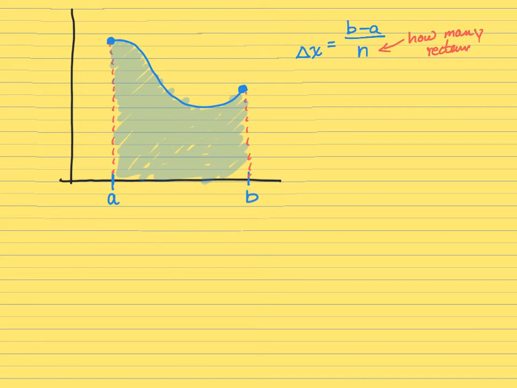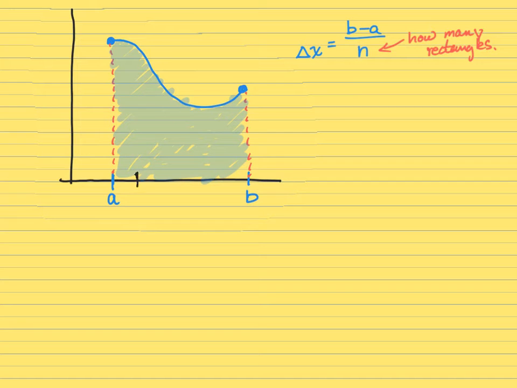So if we want to cover it with n rectangles, then each of those rectangles is going to be b minus a over n wide.